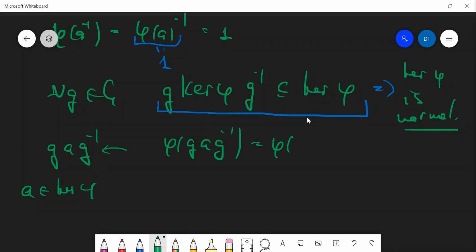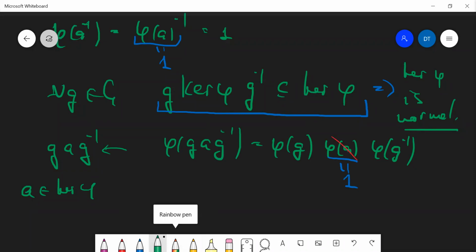Because phi is a homomorphism, we have this. But since A was in the kernel, this element is 1. So we may cancel this element, and we will get this.